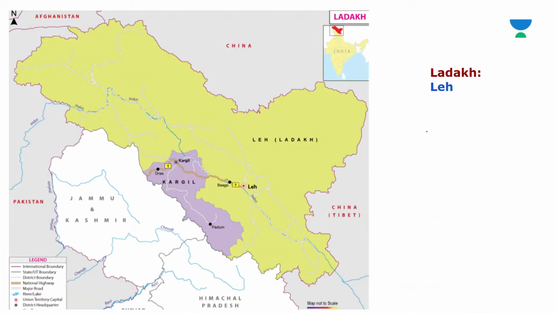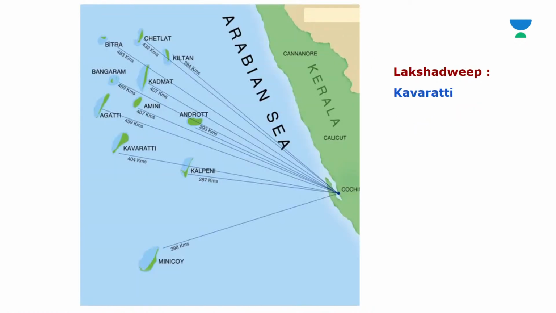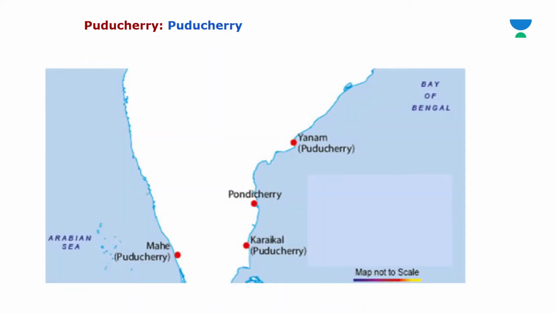Then Union Territory of Ladakh. Then Union Territory of Lakshadweep, the capital at Kavratti. And then Union Territory of Puducherry.